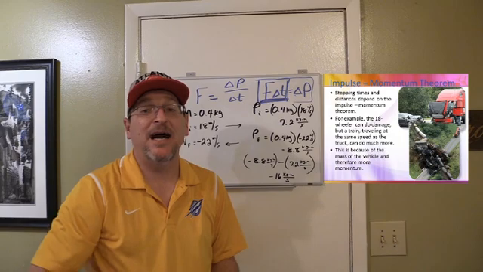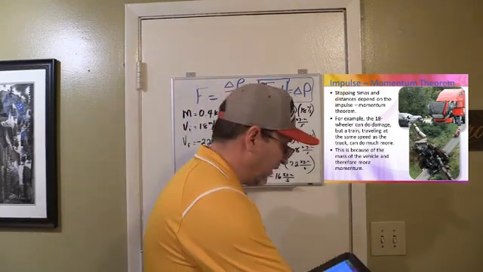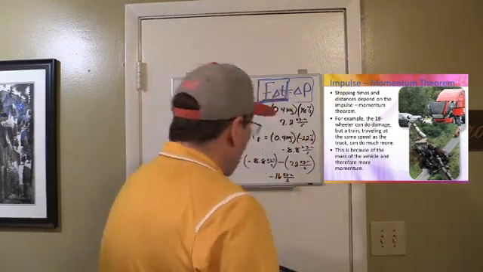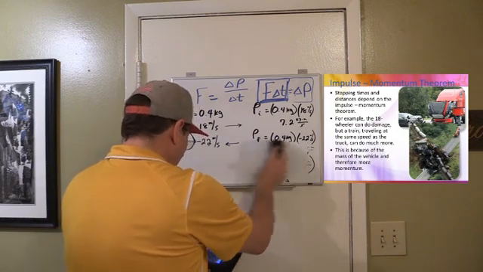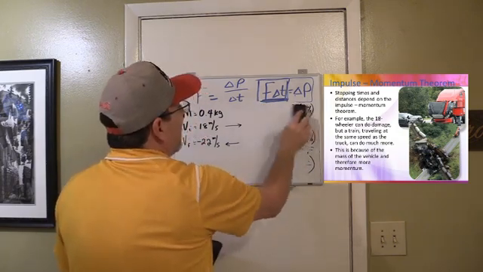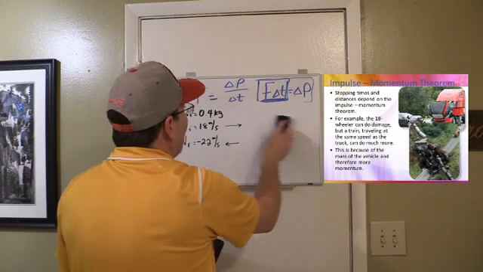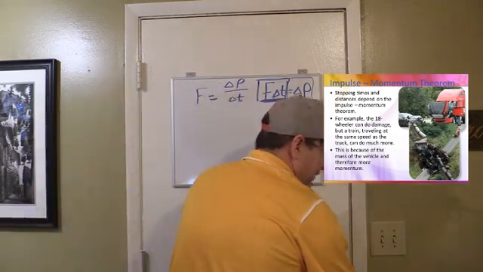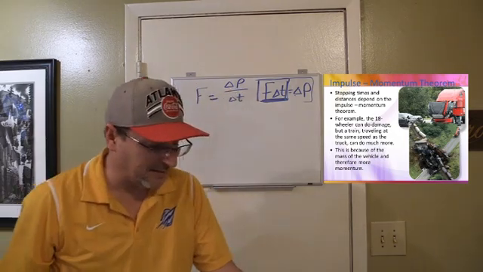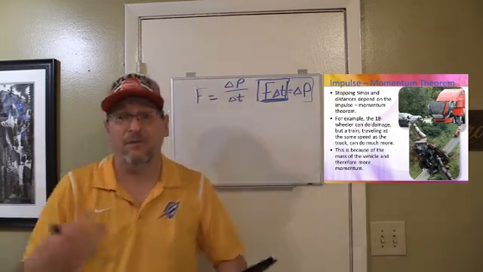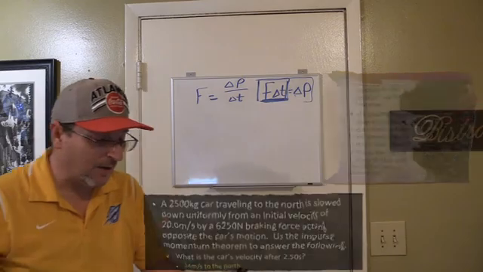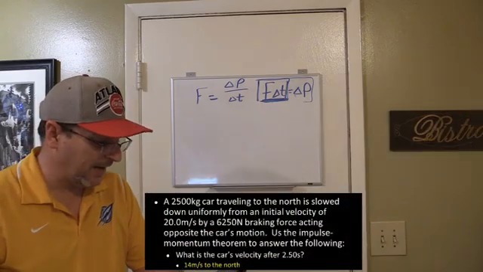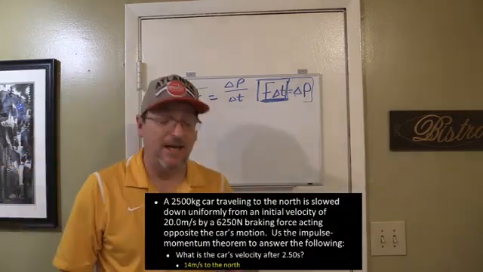Okay. Now, stopping times and distances also depend on the impulse momentum theorem. For example, an 18-wheeler can do some damage if you get hit by it, but a train can do even more damage traveling at the same speed, because it has more mass and therefore more momentum. Now, this next practice problem is going to require a little bit of kinematics.